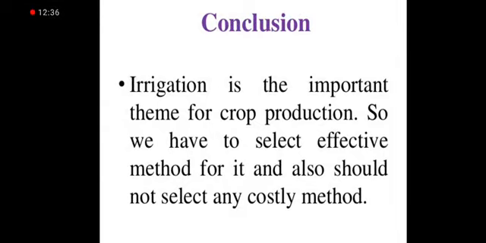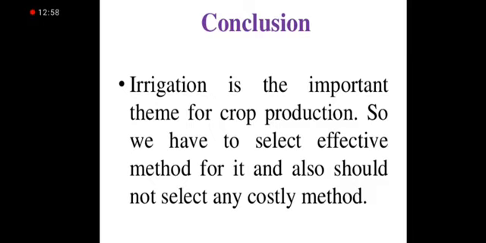What is the conclusion of these irrigation methods? Here we saw mainly two types of irrigation method, that is surface irrigation method and subsurface irrigation method. Irrigation is an important theme for crop production, so we have to select effective methods for it and also should not select any costly method.